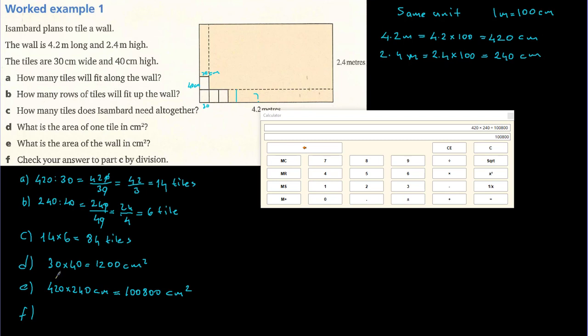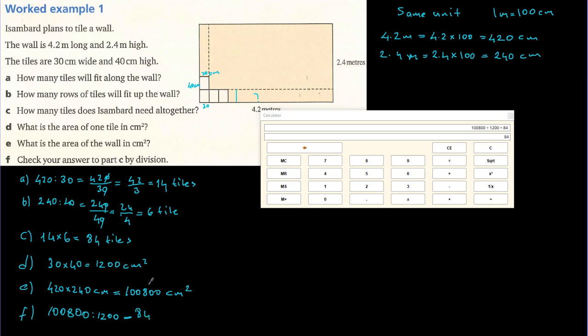We are going to divide the wall area, 100,800, by the area of one tile, 1200 centimeters square, and you are going to see that the result is 84 again.